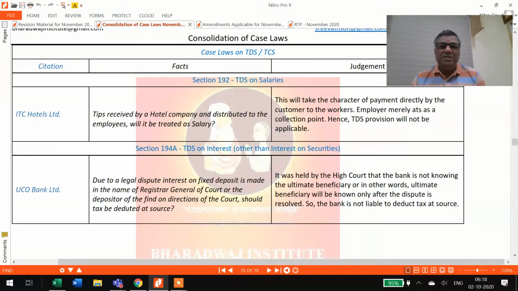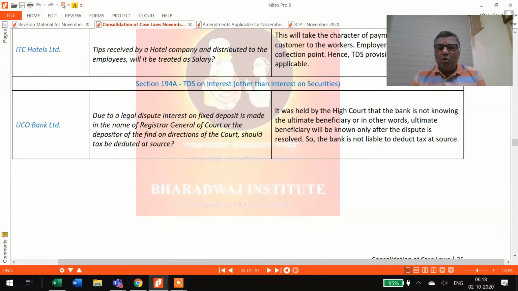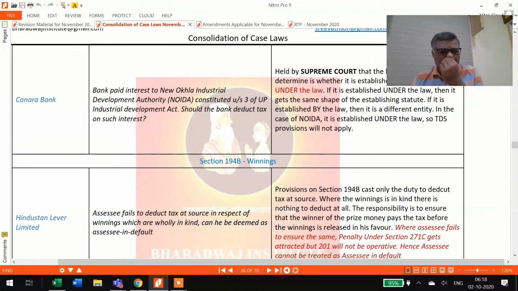The tips at ITC Hotels are not salary, as the employer acted just as an agent collecting and giving it. UCO Bank says that if I don't know the ultimate beneficiary but am asked to remit it to the court, the provision says you need not deduct tax at source.